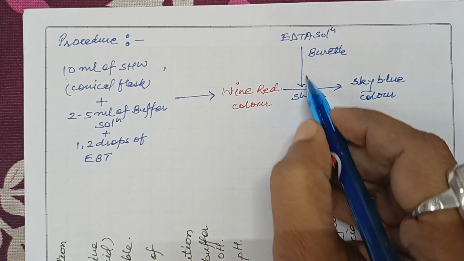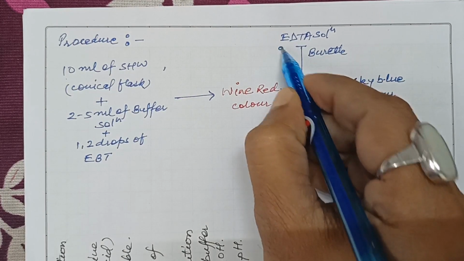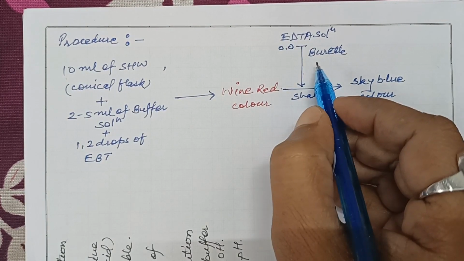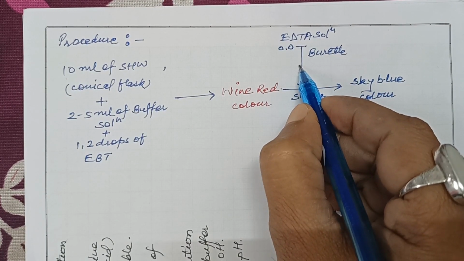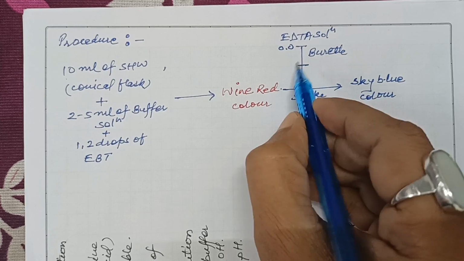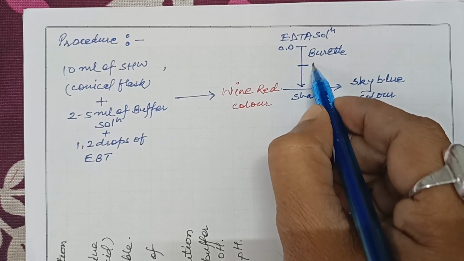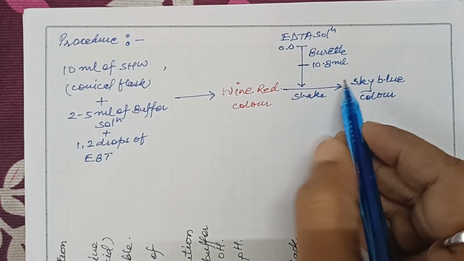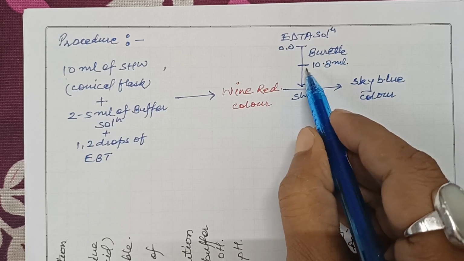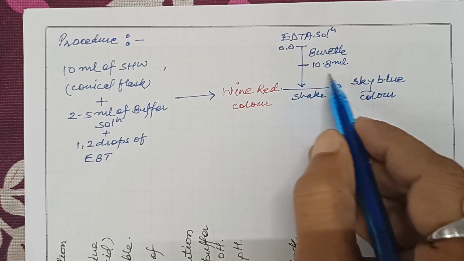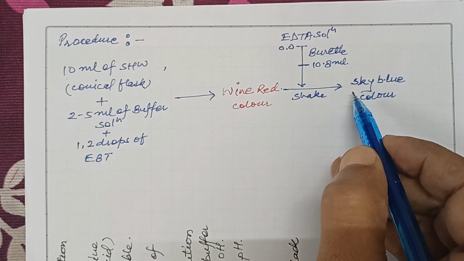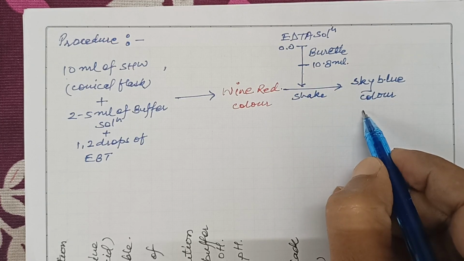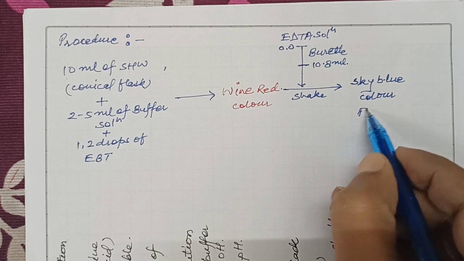Suppose this is a burette and this is the 0.0 ml mark, and up to this point, suppose here 10.8 ml, the endpoint is coming. So 10.8 ml is the first endpoint.